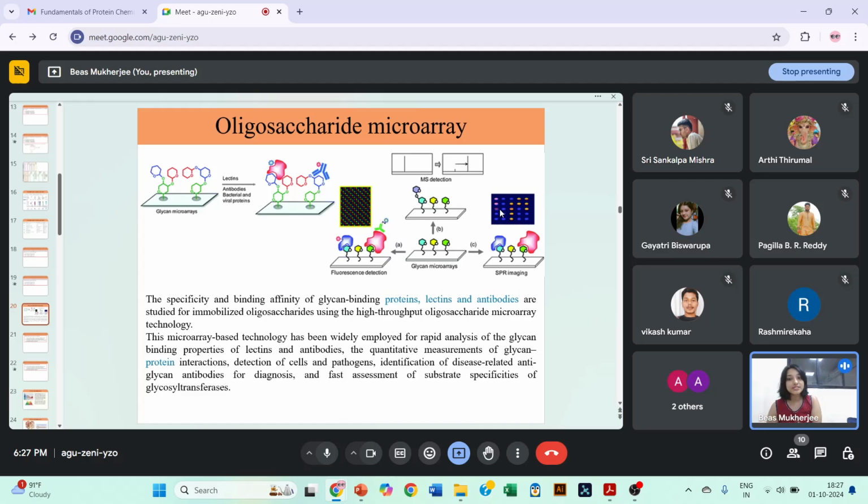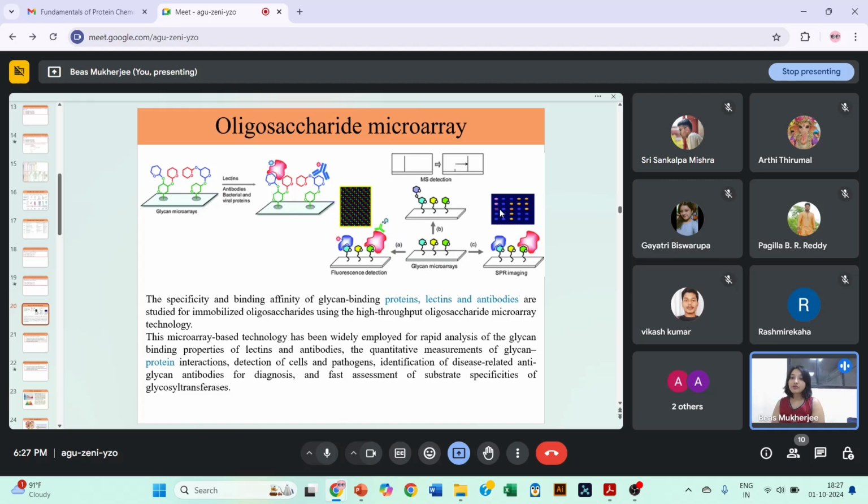So the specificity and the binding affinity of the glycan binding proteins, lectins and antibodies are studied for immobilized oligosaccharides using high throughput oligosaccharide microarray. So this is a high throughput technique. High throughput means at the same time you can get information on many different proteins and many different protein oligosaccharide pairs at the same time.